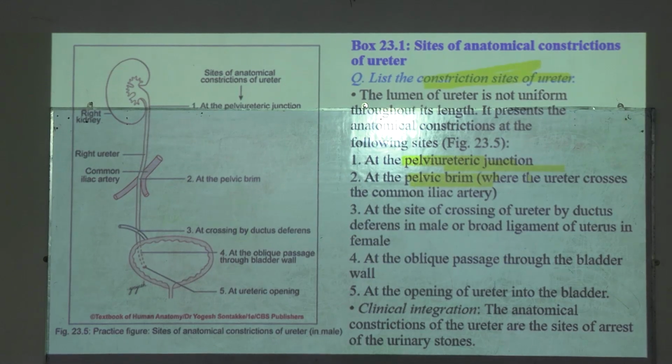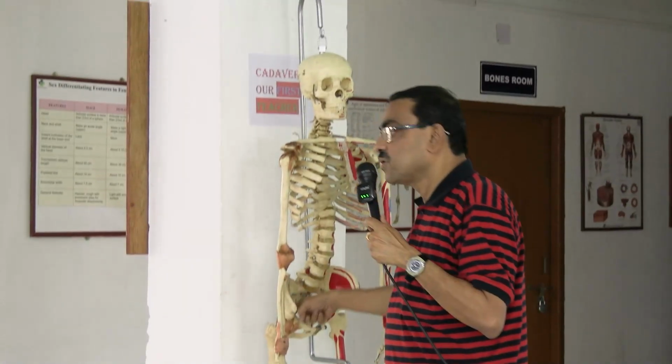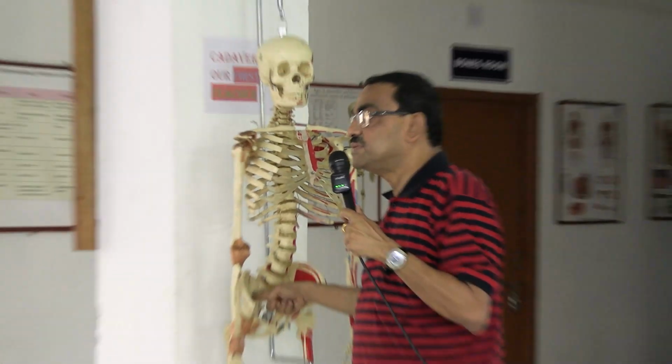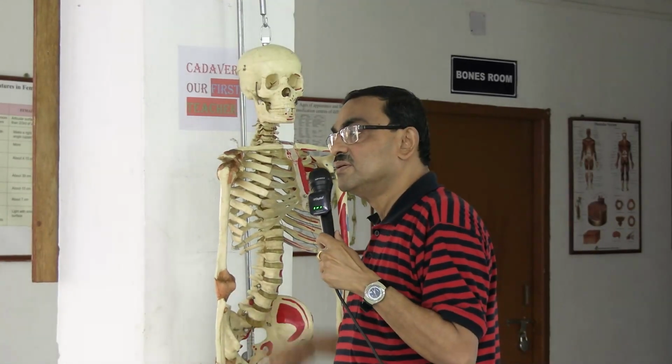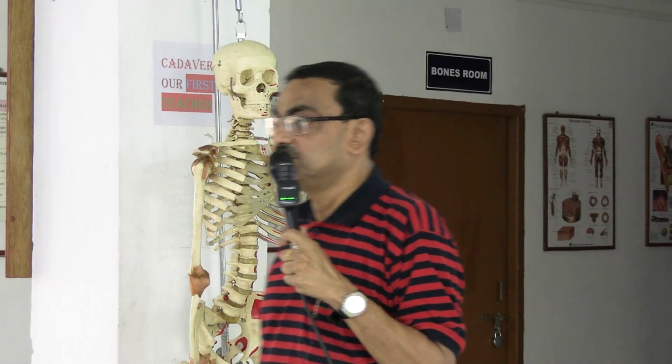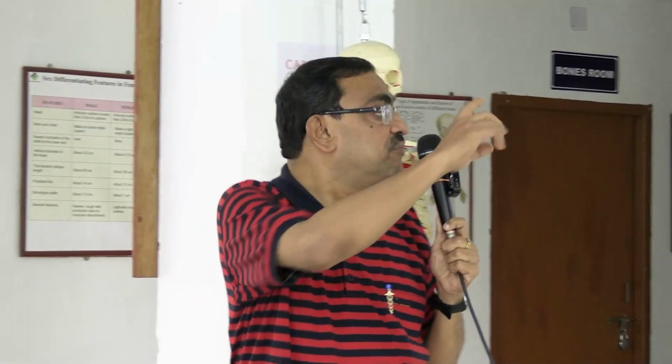The second one is at the pelvic brim, or when it is crossing the division of the common iliac artery, or at the level of sacroiliac joint. Second constriction.